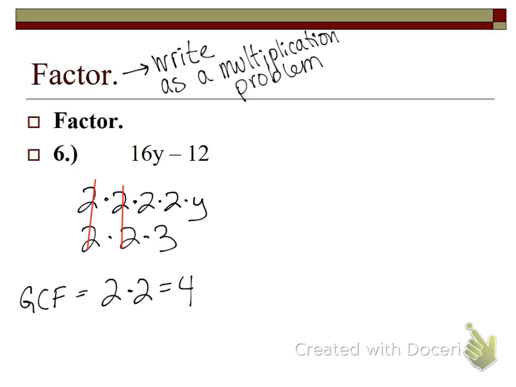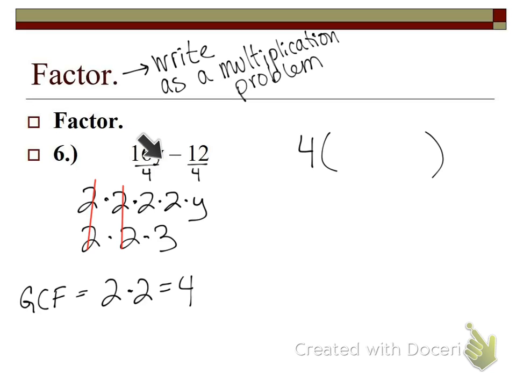So if we're dividing both of these by 4, then to write it as a multiplication problem, I'm going to need a 4 in front of the parentheses. And I write the leftover part inside the parentheses.